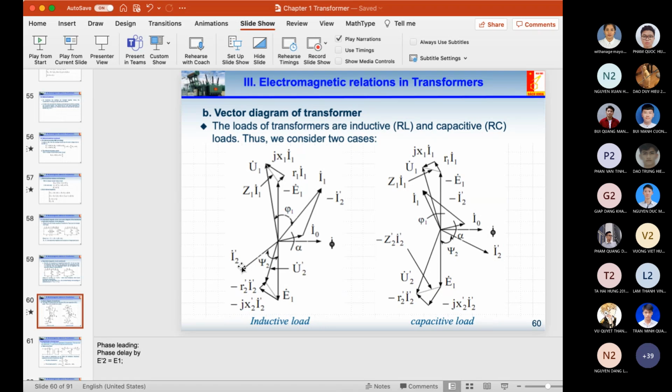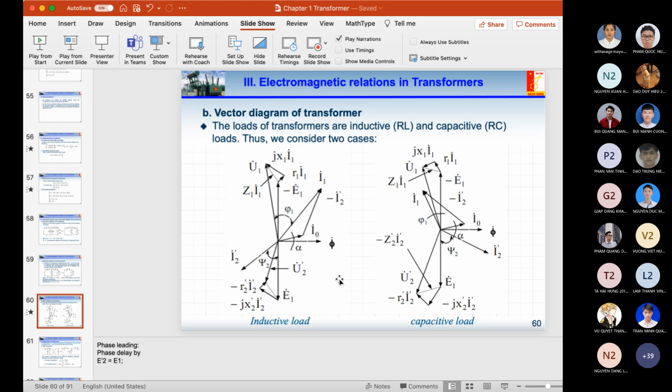So U2 is equal to E2 plus minus this one, plus minus this one. And thanks to this vector diagram, what do we need to do?